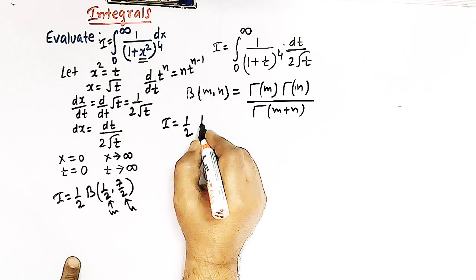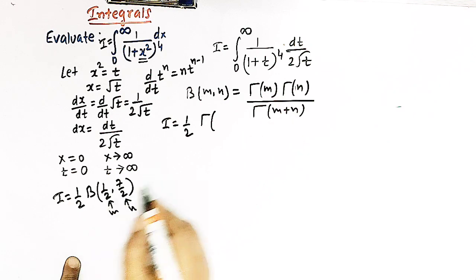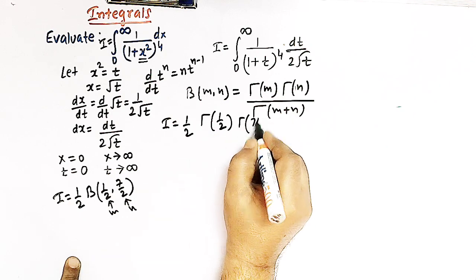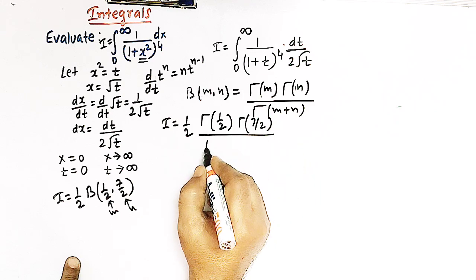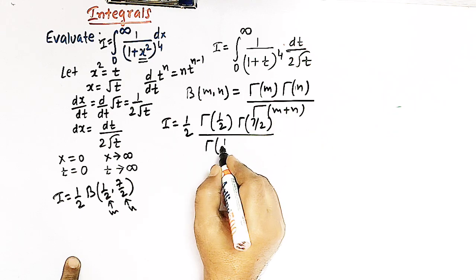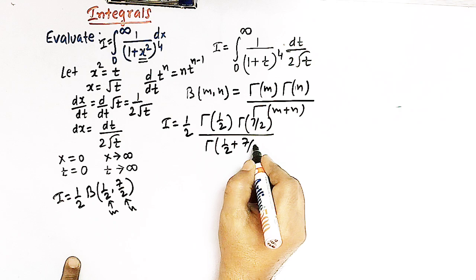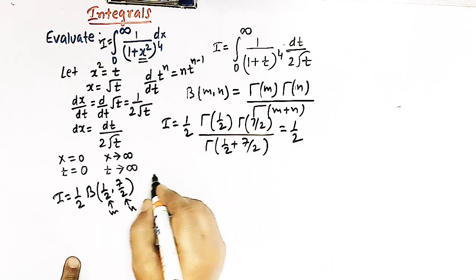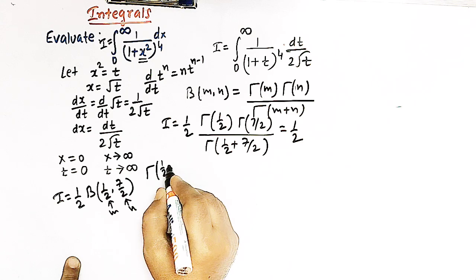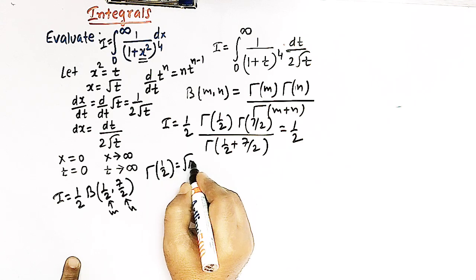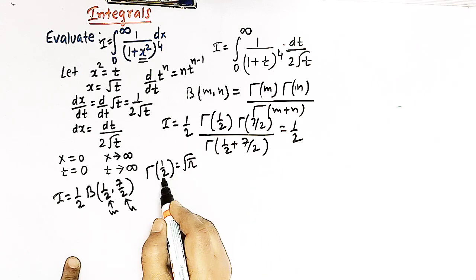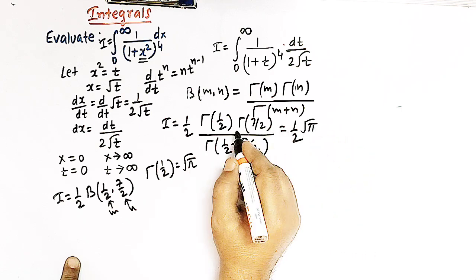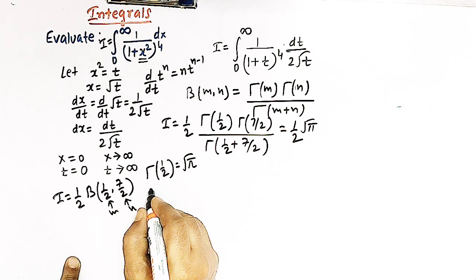So we have now here gamma of m, that is gamma half, then we have gamma 7 over 2 divided by gamma m plus n, that is half plus 7 over 2. So this is half, and here gamma half can be written as square root of pi, because the value of gamma half is square root of pi, and here we have gamma 7 over 2, right?